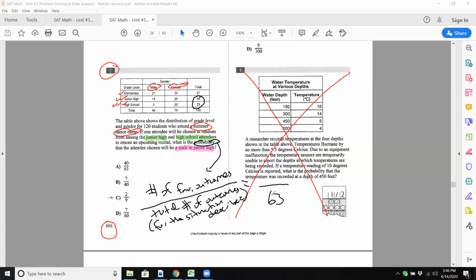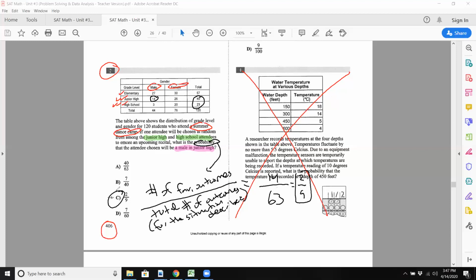And you want a male in junior high, there's 14 males in junior high. That's your answer. I don't see that in the choices, but I will reduce. I notice that each is divisible by 7 to get 2 ninths. That's why it's C. You have to very carefully dissect it in the manner I did. They didn't want out of all possible students here in the dance camp, because they didn't say that.